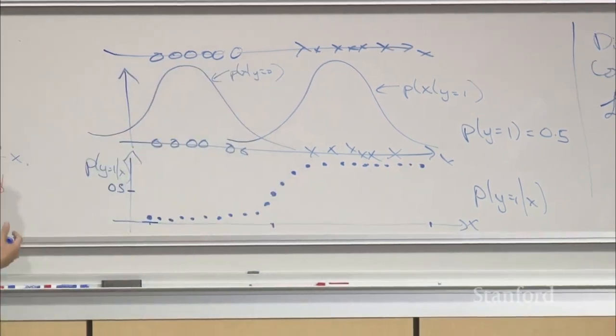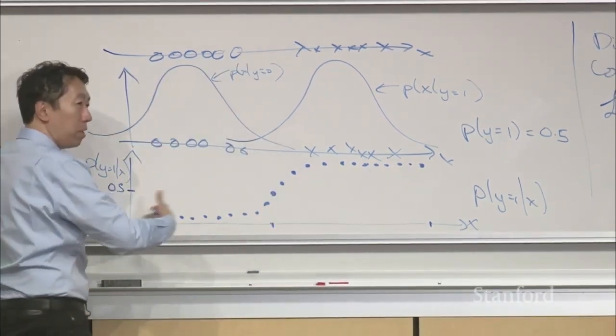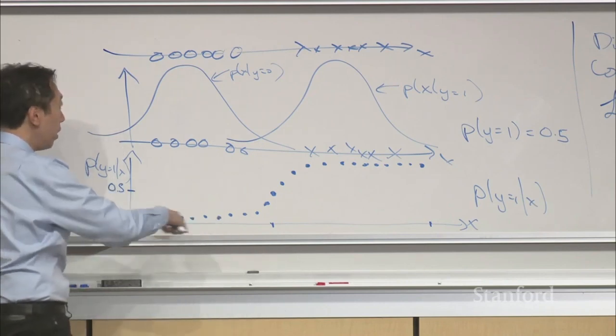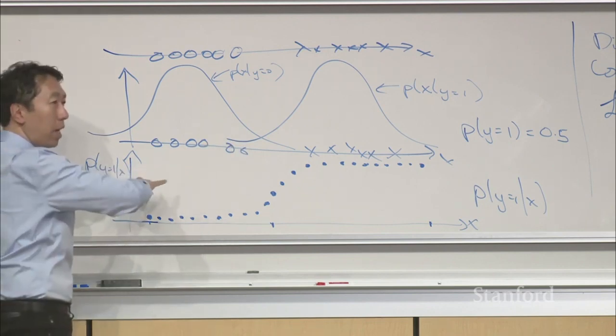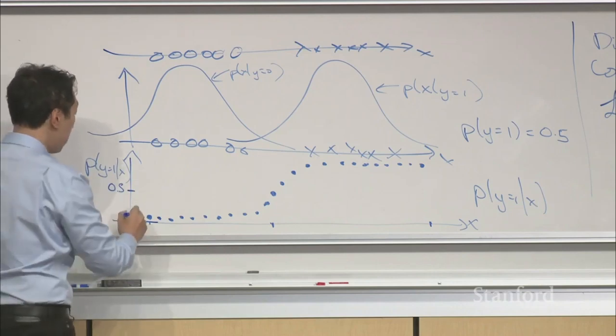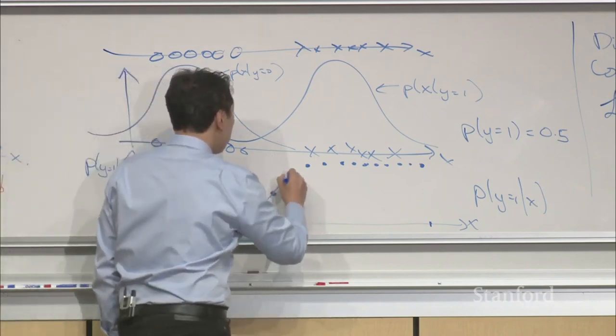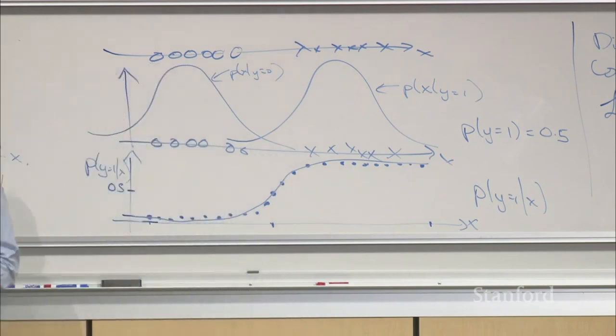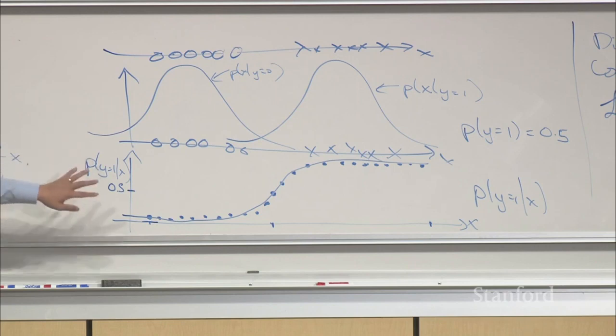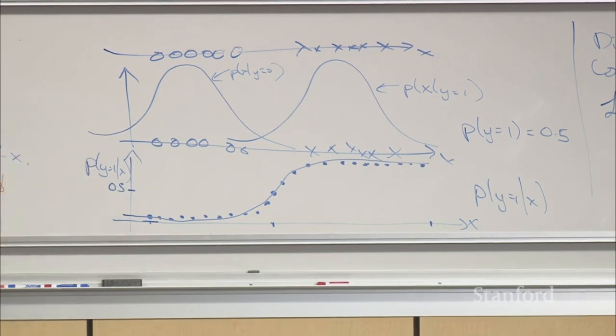We do this exercise for every point on a dense grid on the x-axis, evaluate this formula, which gives you a number between 0 and 1, a probability, and plot the values. You get a curve like this. If you connect up the dots, this is exactly a sigmoid function. The shape turns out to be exactly a sigmoid function, and you prove this in the problem sets as well.